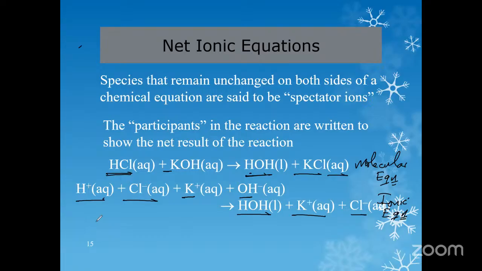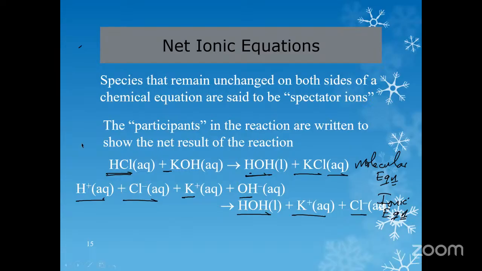Now that we have identified the ionic equation, the next step is to identify the spectator ions. Remember I said that the spectator ions are those ions that do not actively get involved in the reaction. They remain unchanged as you go from left to right. So in order to identify the spectator ions, you identify those ions that remain unchanged. If you look at this carefully, comparing the left side to the right side, you'll see that the chloride ions are not involved in the reaction.